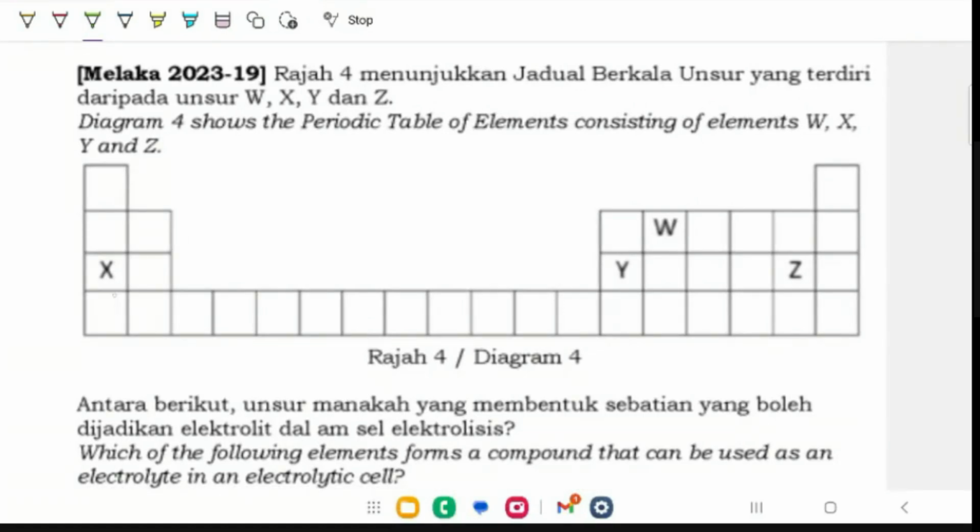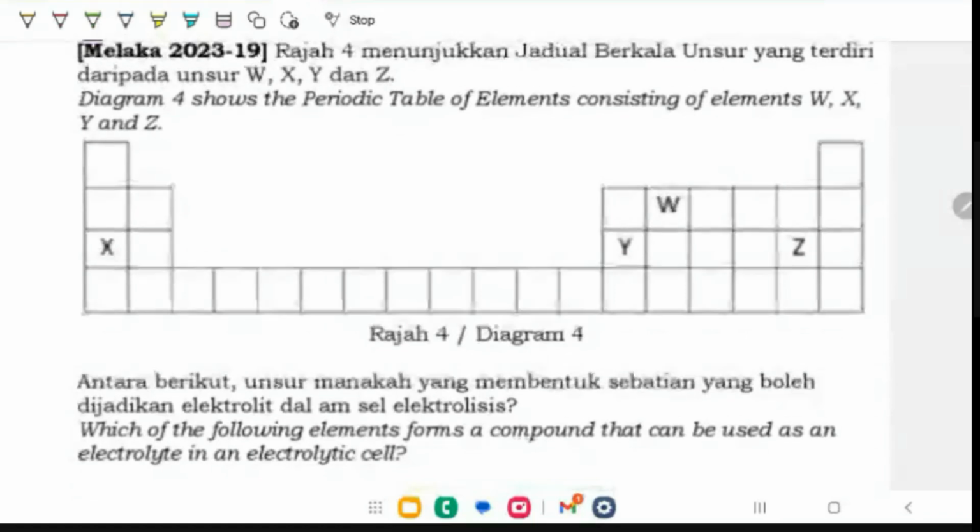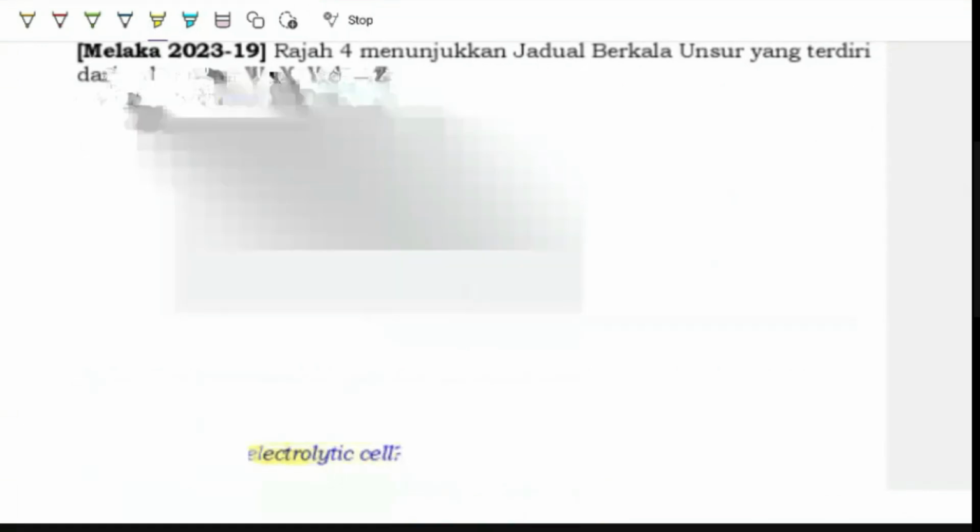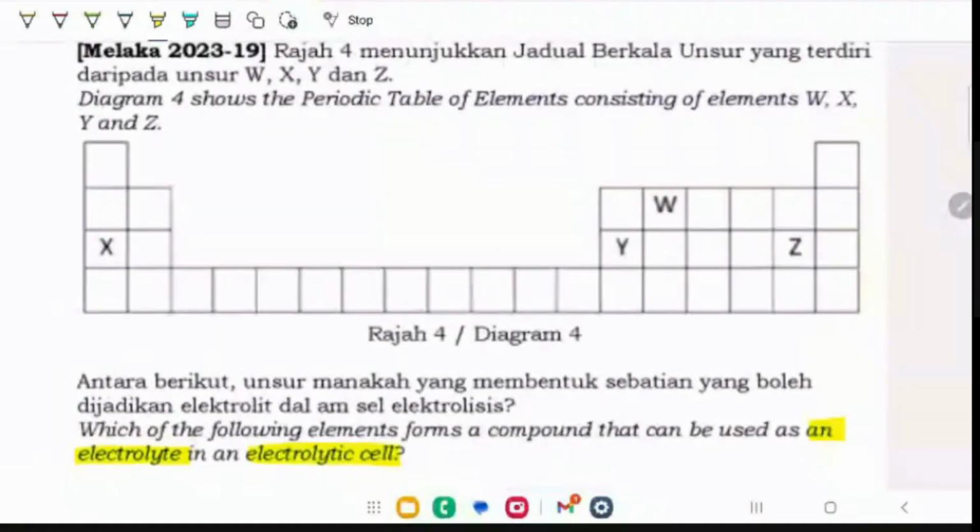Okay, X, Y, W, Z. Okay. So which of the following form a compound that can be used as an electrolyte in the electrolytic cell? Okay. So electrolytic cell is under chapter 5.